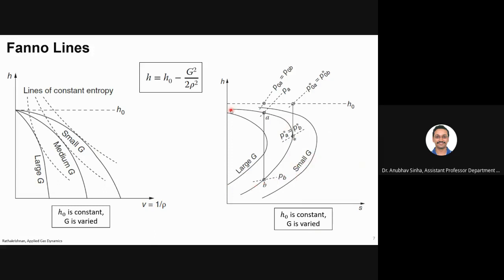This is the same equation that is used, and this is how it can be plotted. Is this fine? Any questions, or should I go and explain this? People are there or not there?